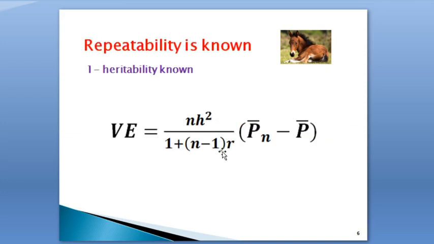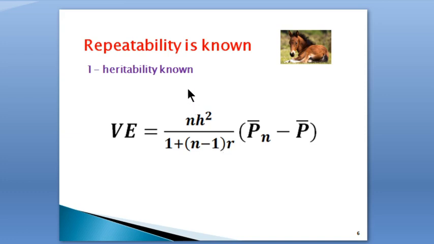Okay, now the second way to improve on the breeding value is also to consider the repeatability. The more information or parameters you consider in the formula, the more accurate it is.